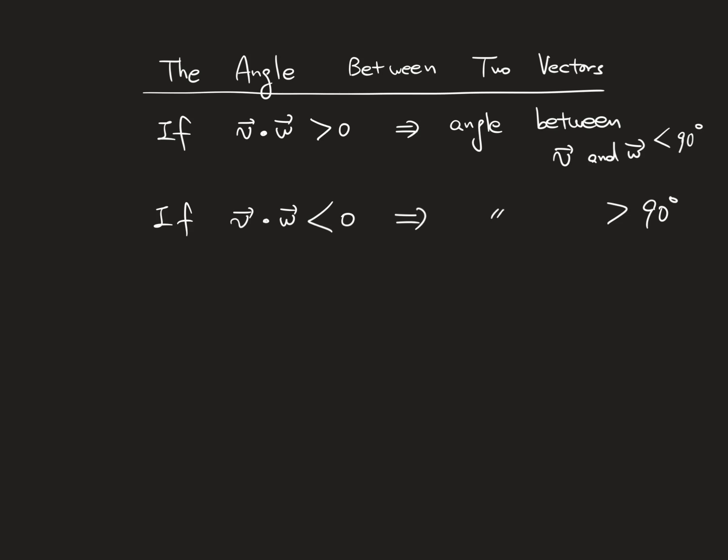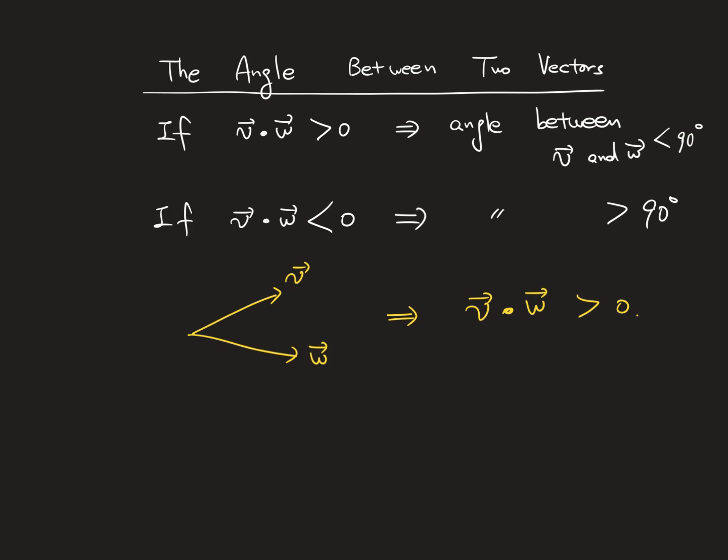Okay, so if I draw v and w this way, you can immediately notice that the dot product of v and w will be greater than 0, will be positive.